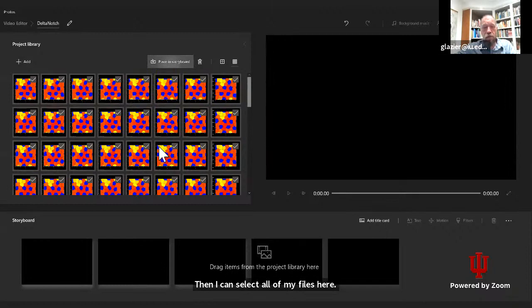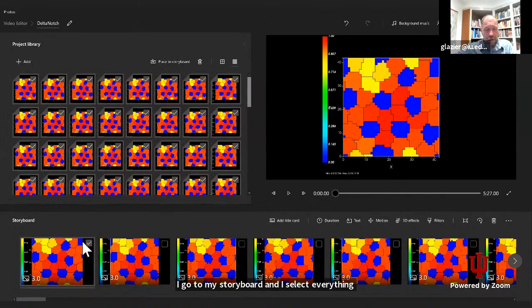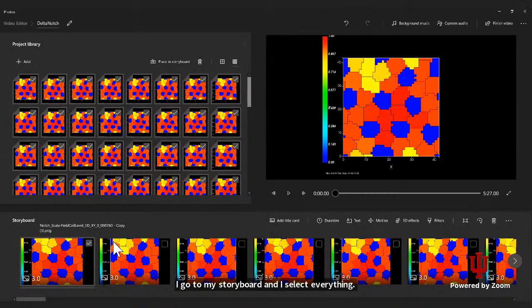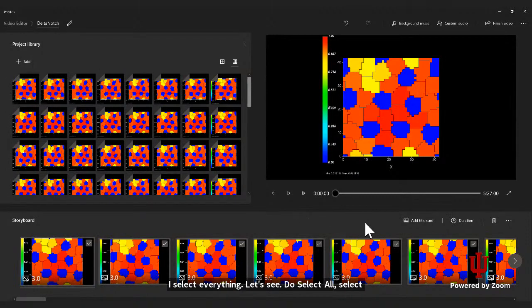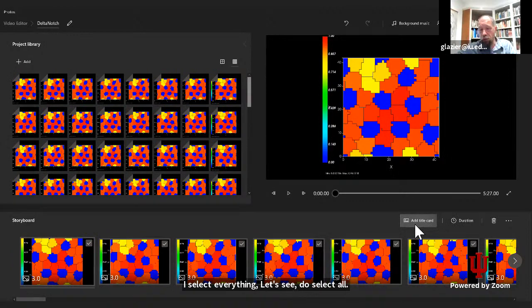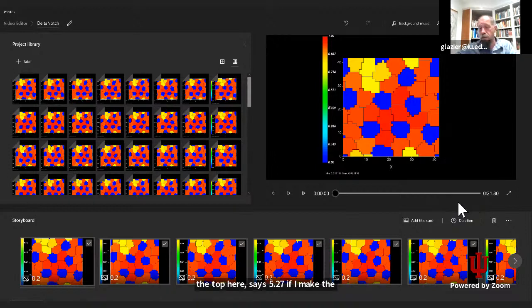I go to my storyboard and I select everything. How do I do select all? Select all is Control A. I go to duration and I type a number that gives me something reasonable at the top here. It says 5.27. If I make the duration 0.2 seconds, the movie will be 21 seconds long.